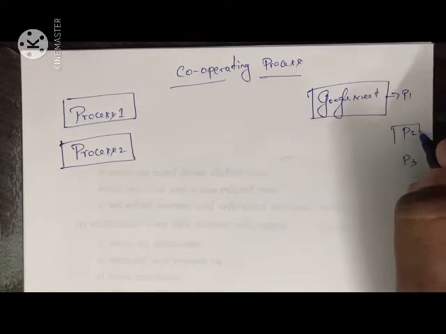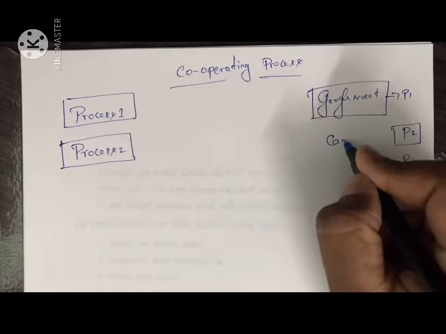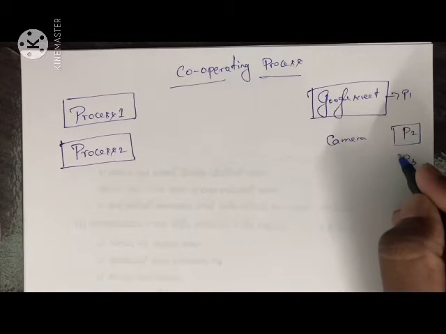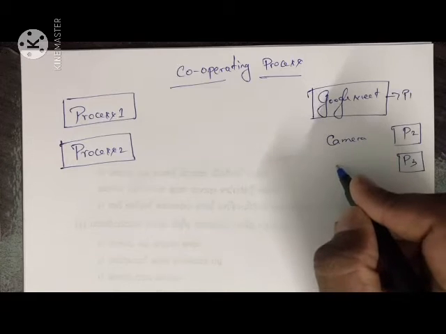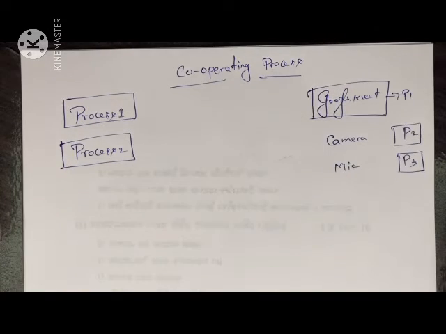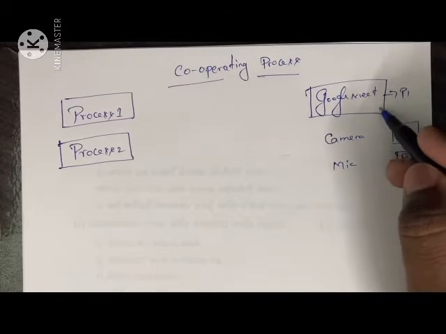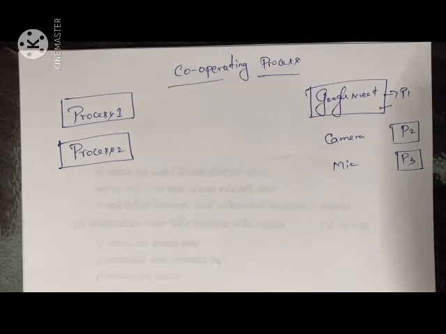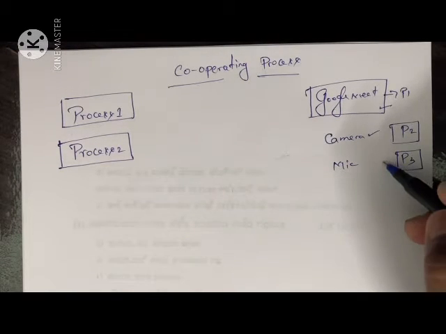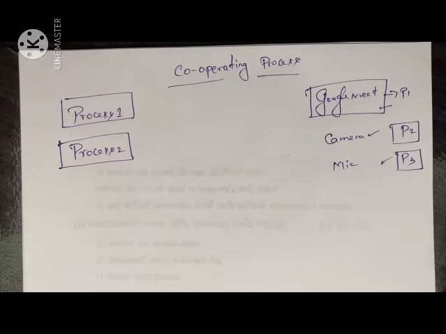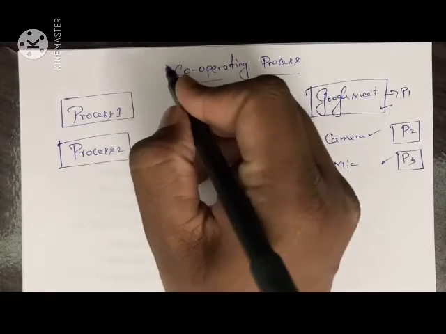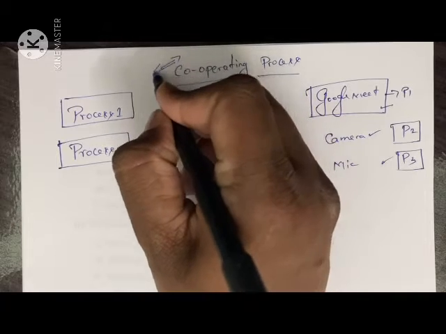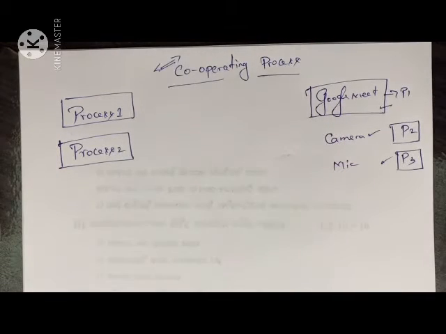For example, process 2 may be the camera, and process 3 may be the mic that you are using. If this software wants to work perfectly, it wants to take the information from the camera, and it will also take the information from the mic. This type of representation or function will be considered a cooperating process.